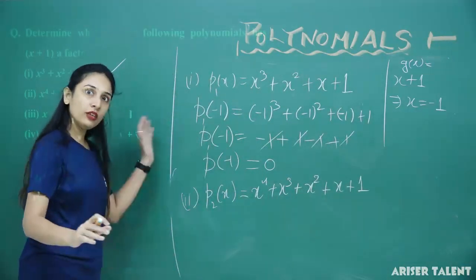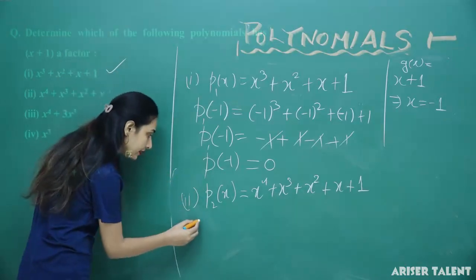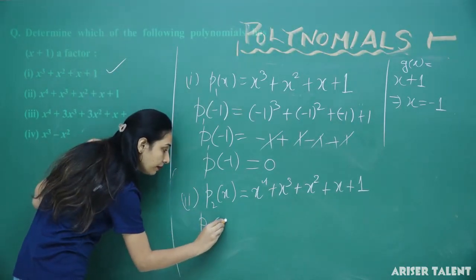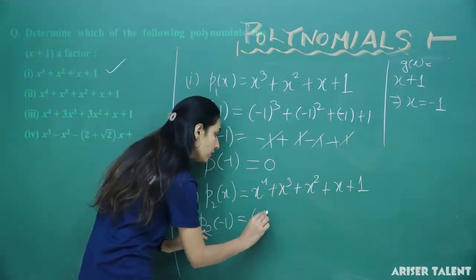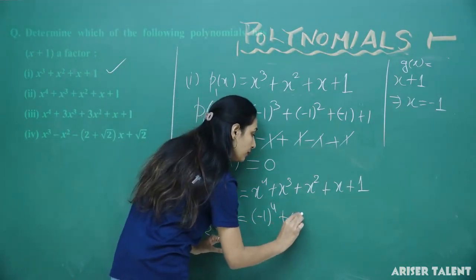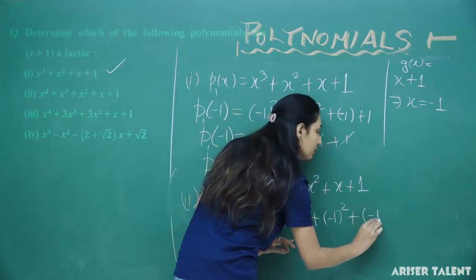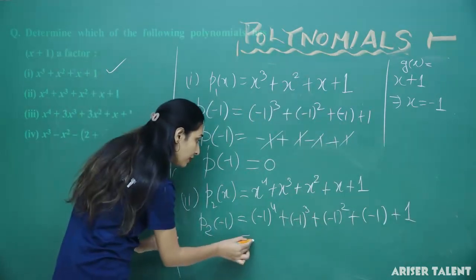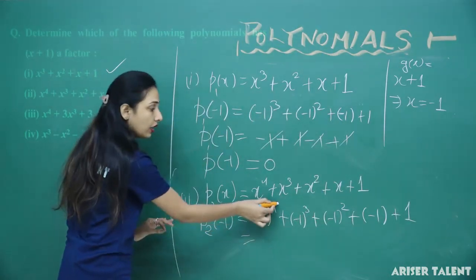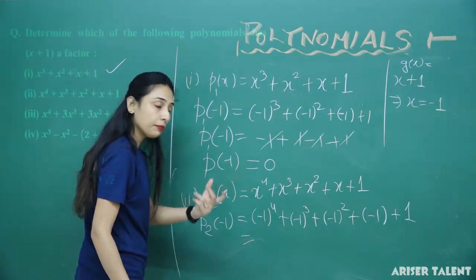Say again, the value is the same, x plus 1 is given as the factor. So, you just have to write here P2(-1). Now, replace all x with minus 1: (-1) to the power 4, (-1) cube, (-1) square, minus 1 plus 1. Now, that will be even power plus 1, odd power minus 1.